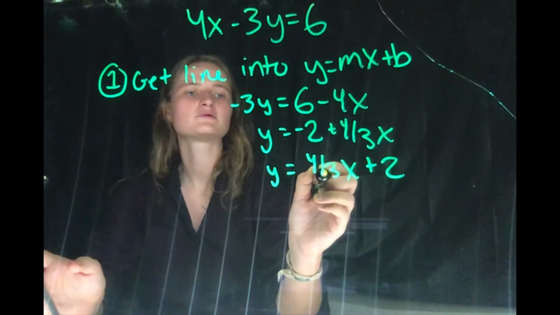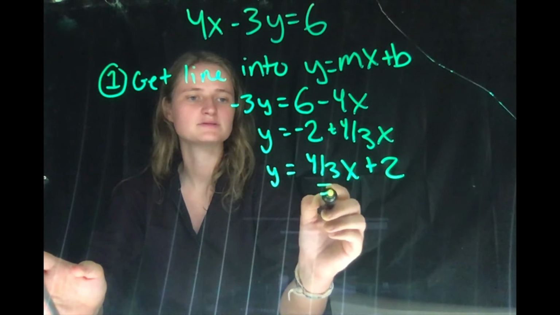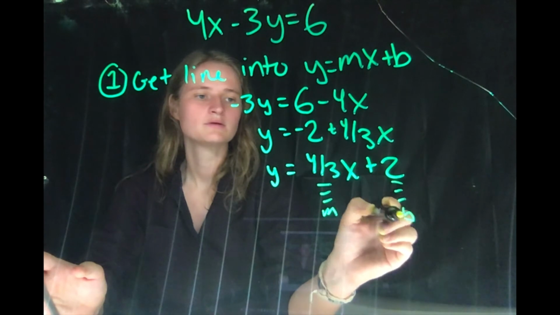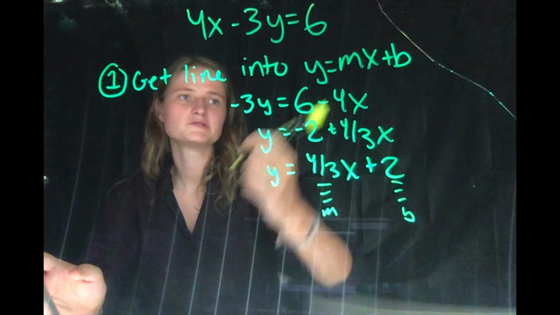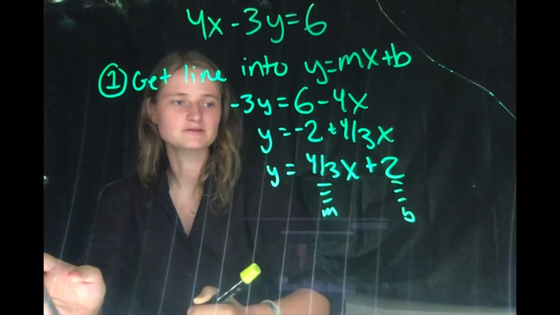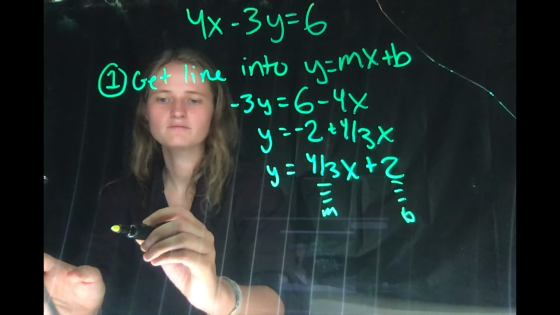So now we have this equation that is our y equals mx plus b equation, where this is m and this is b. So the thing that we know about slope intercept form is that the m is the slope and the b is the y-intercept. Again, we'll go over that more in another video.